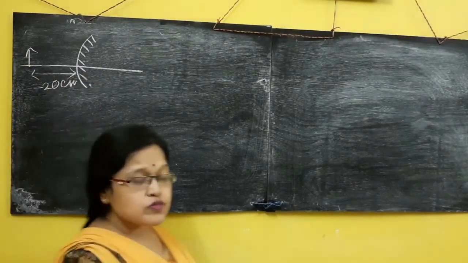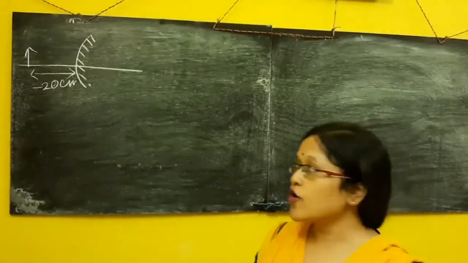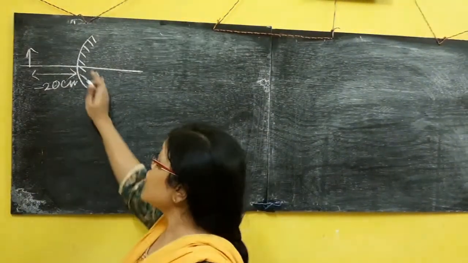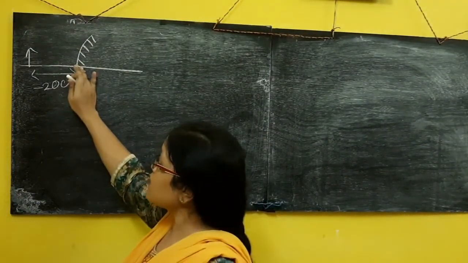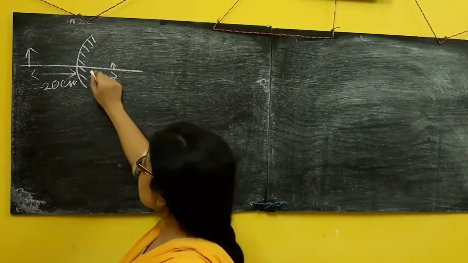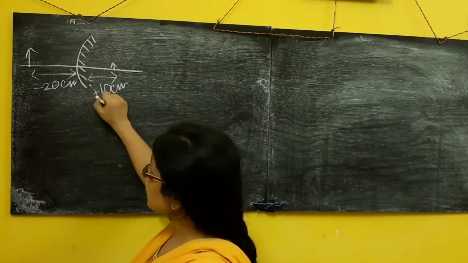Now the image is formed somewhere, that is 10 cm. Since it is a convex mirror, the image will always be virtual, somewhere here. So the diminished image, suppose this is 10 cm. This is the positive direction, so plus 10 cm.